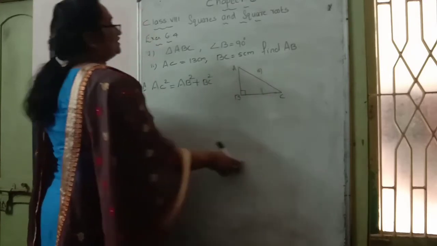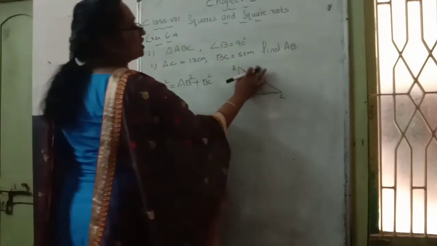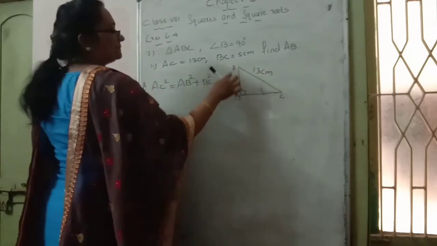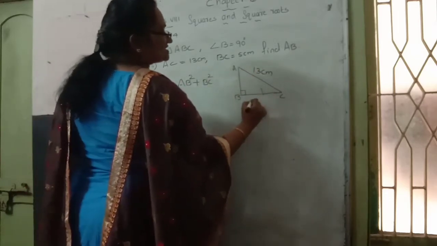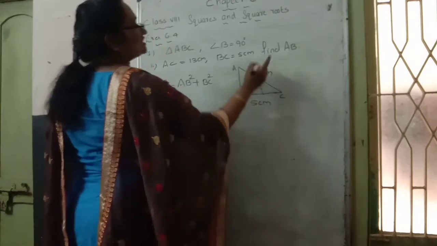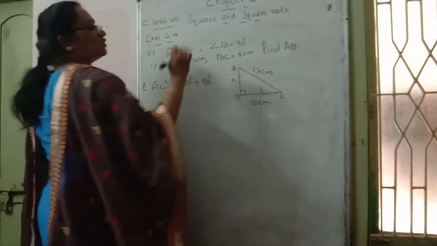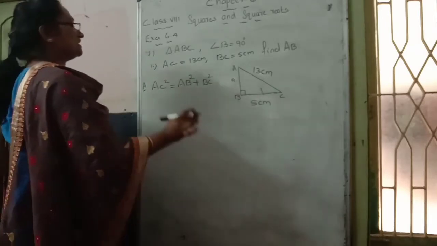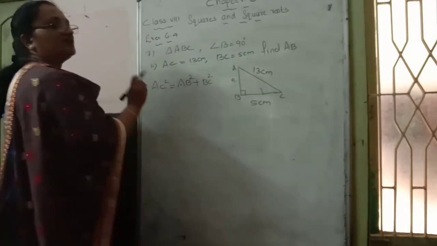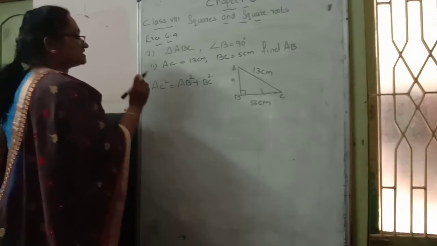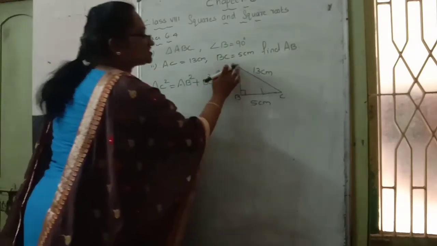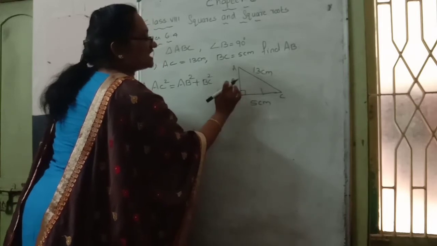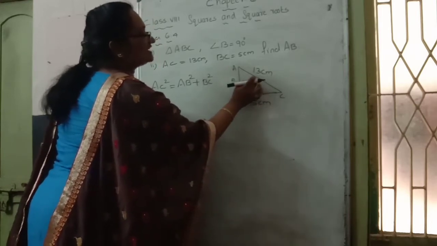The AC side, the longest side, is given as 13 centimeters. The BC side is given as 5 centimeters, and they ask us to find the AB side, the altitude. Our statement says the longest side, opposite the 90 degree angle at B, that is AC.